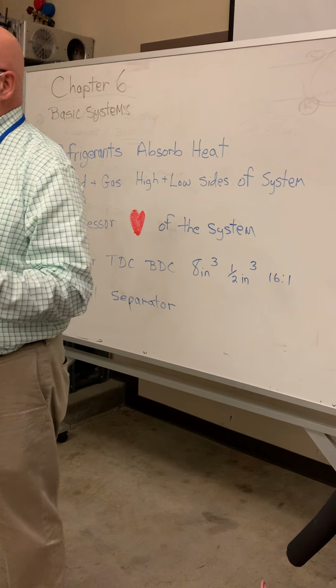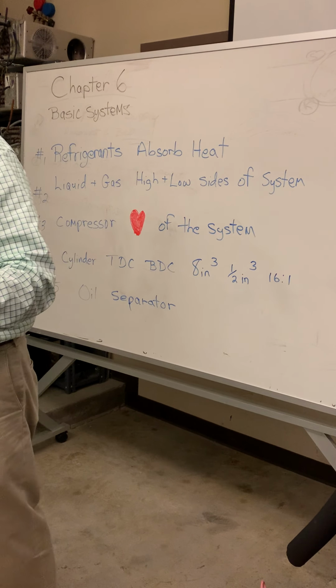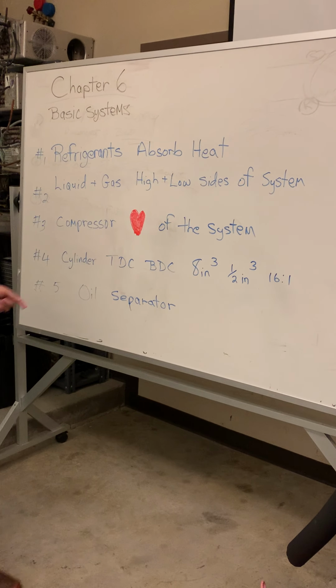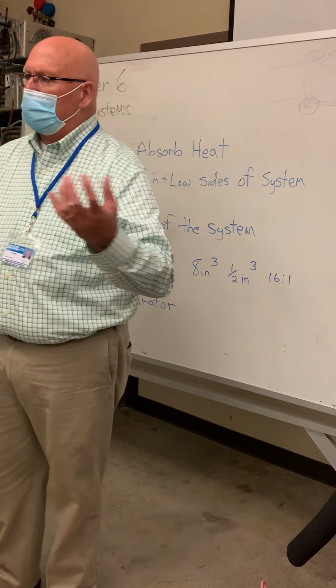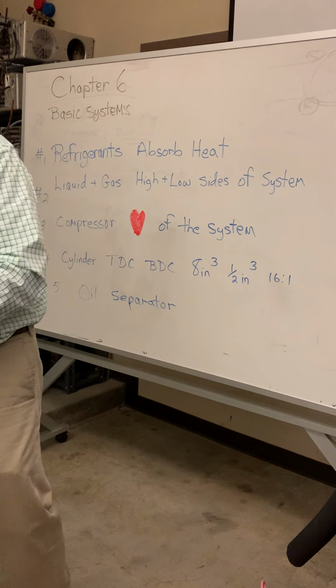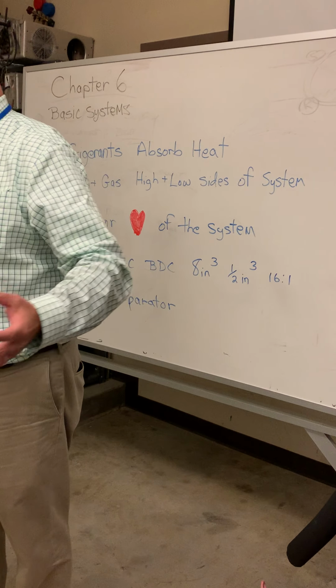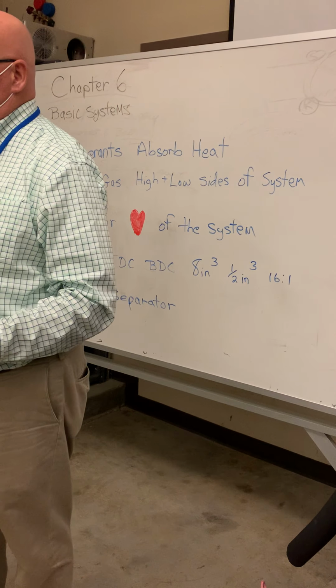Your compressor is the most expensive part of the 4 pieces of that system. So it's the heart of that system. It takes low pressure gas and makes it into a high pressure gas. It takes low pressure, cool refrigerant vapor and makes it into high pressure, hot refrigerant vapor.